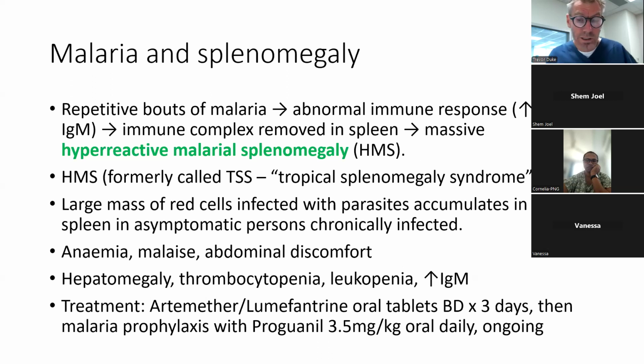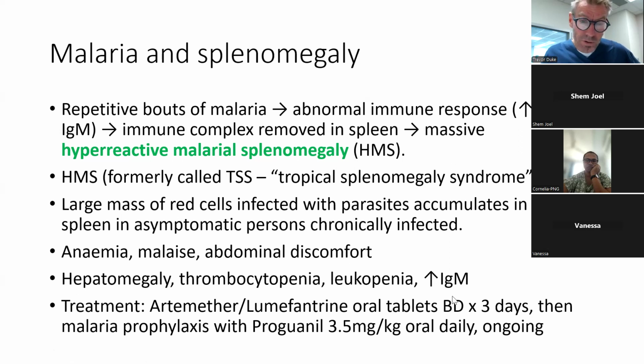Certainly in some countries, part of the diagnosis of tropical splenomegaly syndrome is to measure IgM. But I think we can make the diagnosis just as well by the clinical syndrome of a very large spleen with anemia or thrombocytopenia and leukopenia in the setting of a child who's got chronic malaria syndrome.